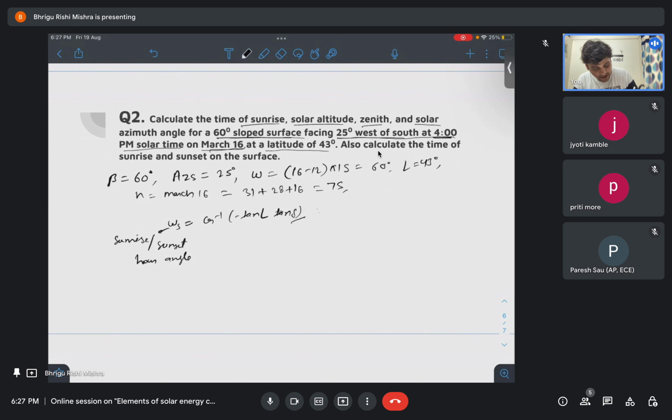Again, these are small formulas which you can easily remember, not big ones, and when you practice the questions you will easily remember them. So delta is 23.45 into sine of 360 into (284 plus 75) divided by 365.